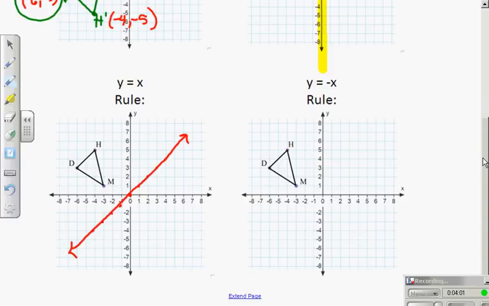But if we thought about it, and I told you that M prime is going to end up at 1, -3, and that H prime ends up at 5, -4, and D prime ends up at 3, -6.